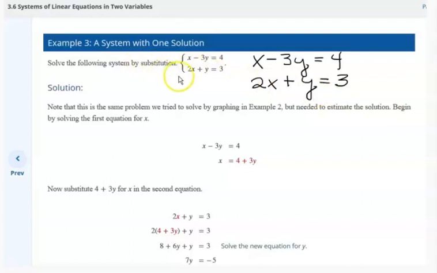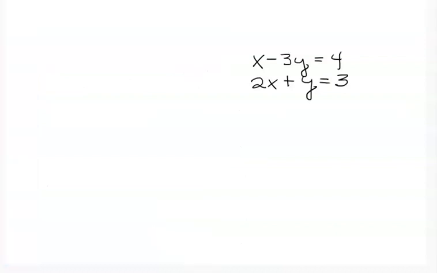Now, in example 3, we're asked to use substitution, again using algebra, to solve this. And I'm going to show you 2 ways to do it, and you can have your pick. And I'll use the whiteboard to help give me some room. Now, the way the textbook is suggesting is you look at these equations and solve for one of the letters.